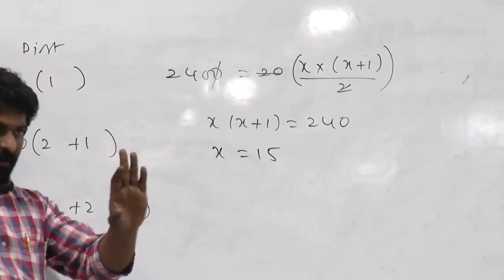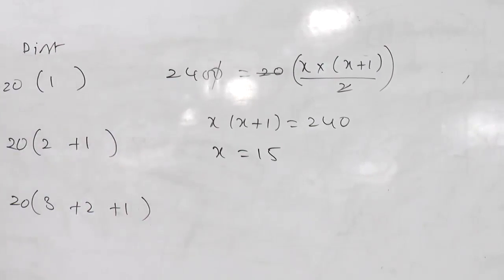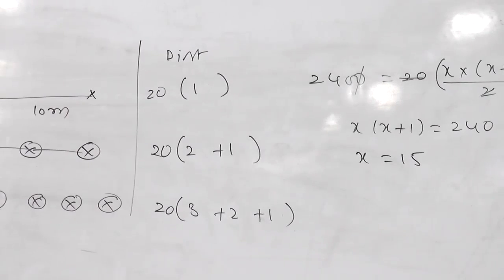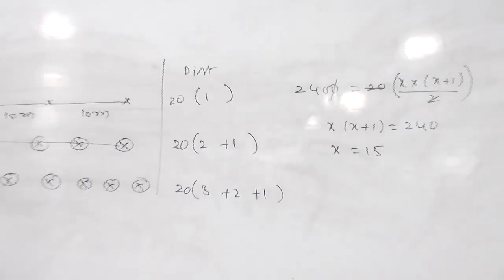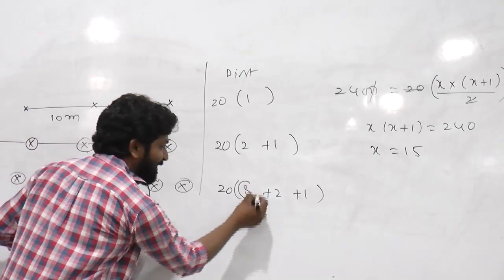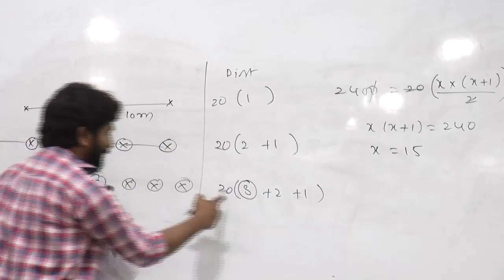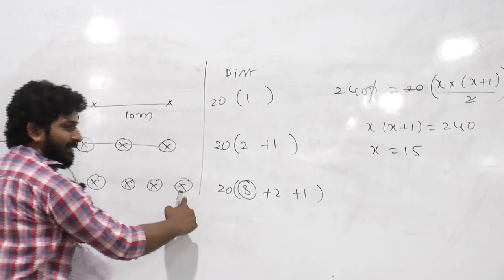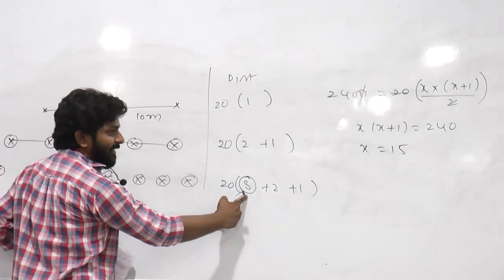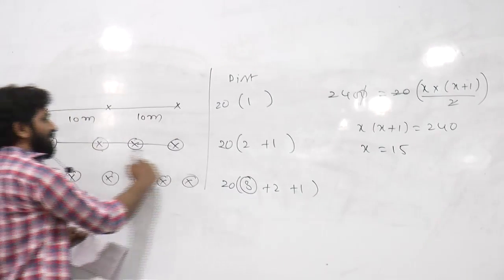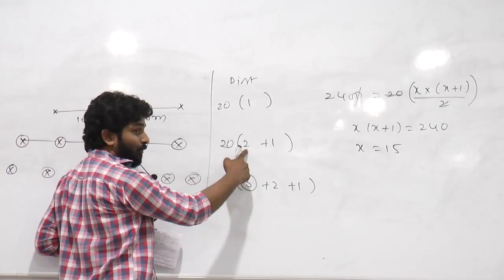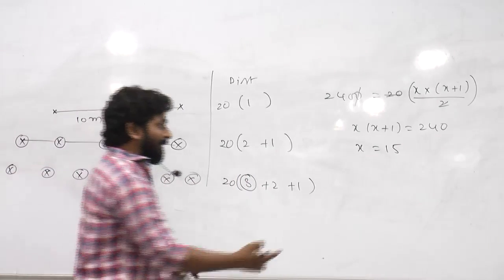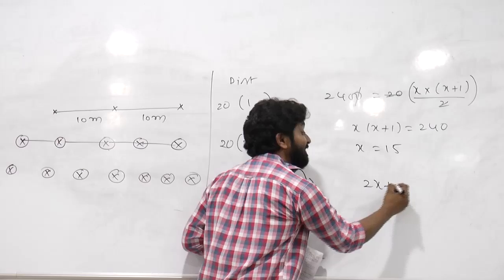Right? How many persons are there? See, just now we got only this n value. If you have 7 members, your value of x is 3. If you have 5 persons, your value of x is 2. So the number of persons will be equal to 2x plus 1.